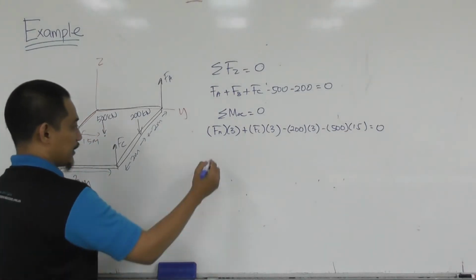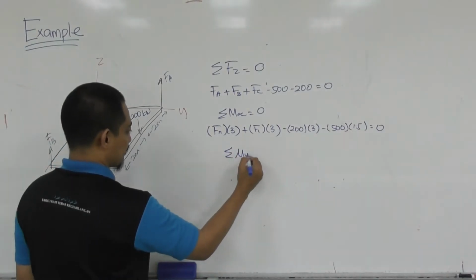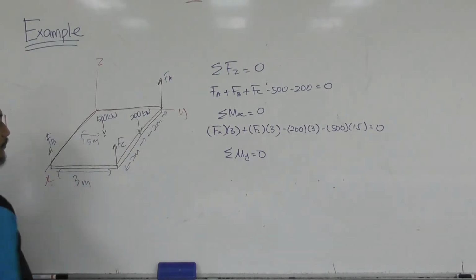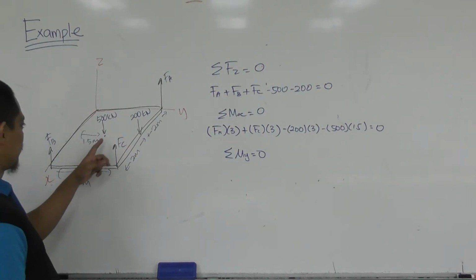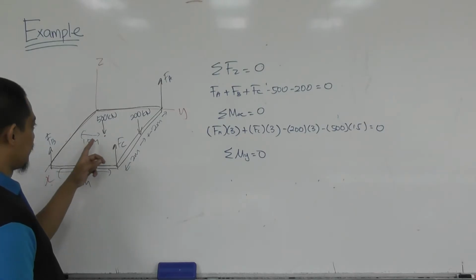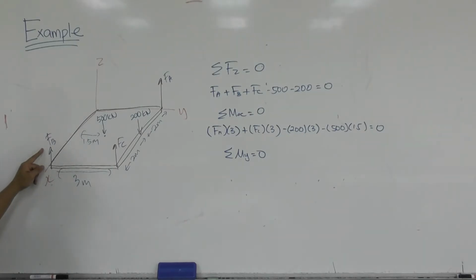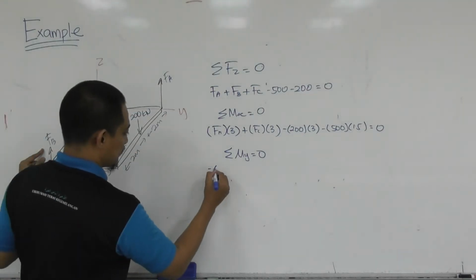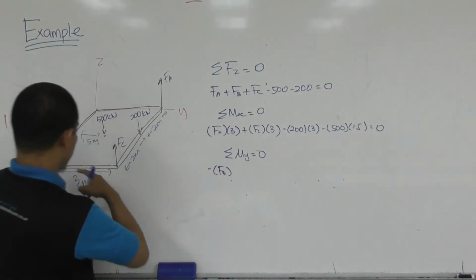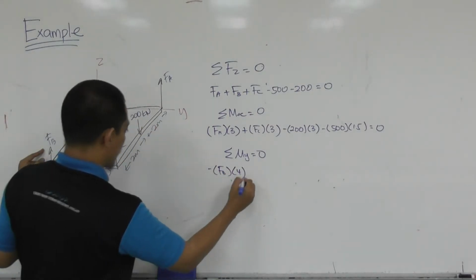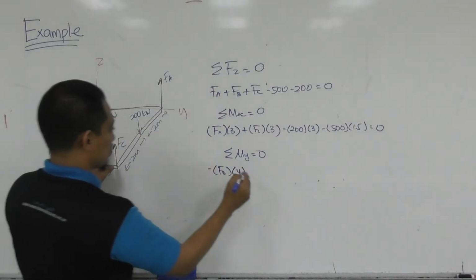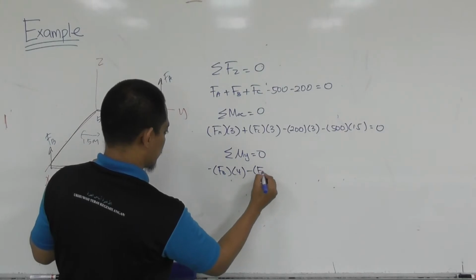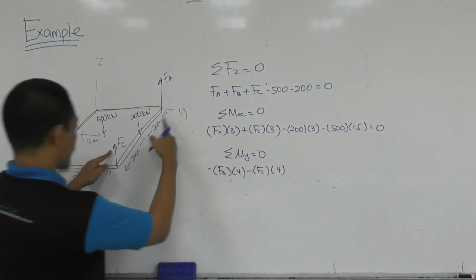And then summation of moment about the y-axis equal to 0. FB is clockwise, so minus FB a distance of 4. FC is also clockwise, so minus FC a distance of 4.